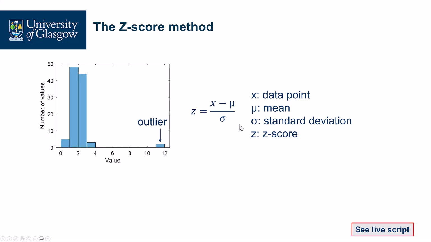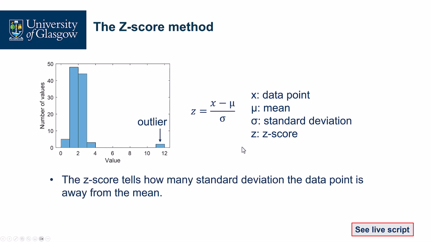So we can apply Z-score to every data point in this set, right? So then the question is what the Z-score is telling us. So Z-score is telling us how many sigma, standard deviations, the data point is away from the average mean, right?